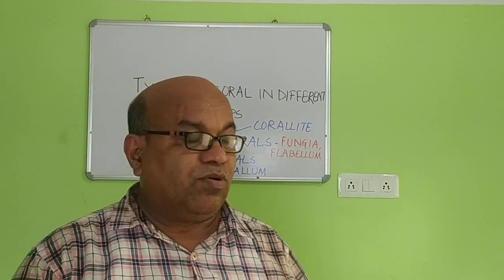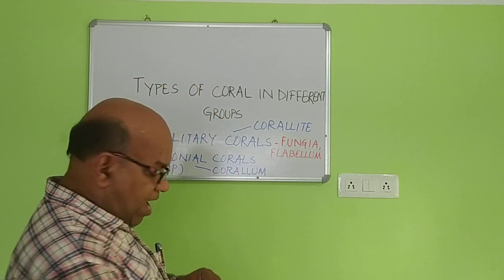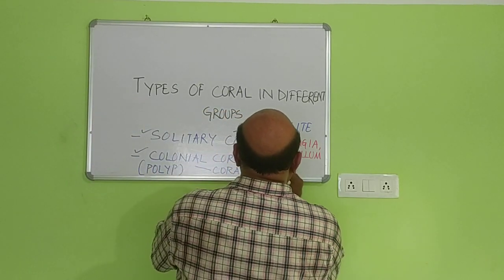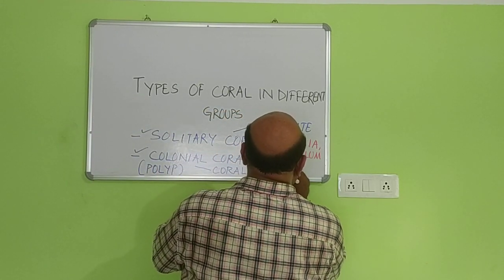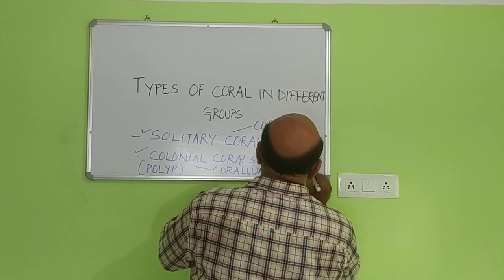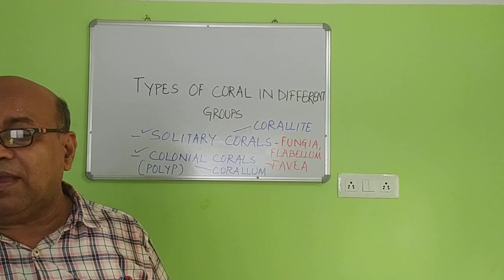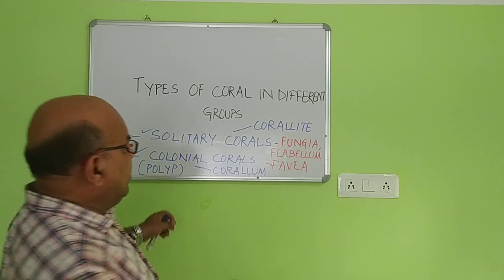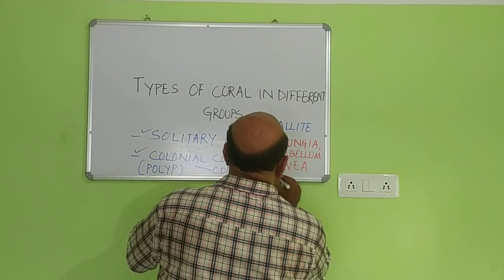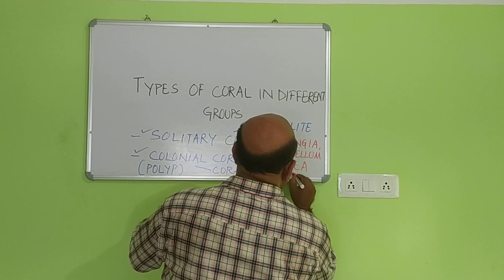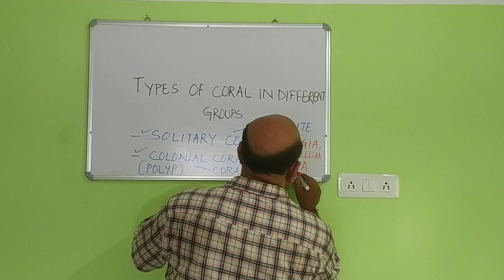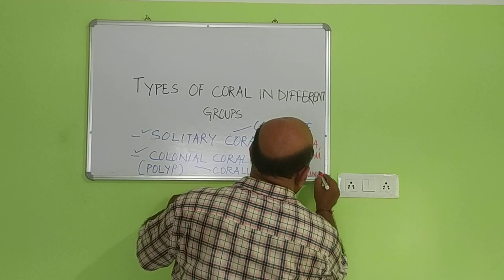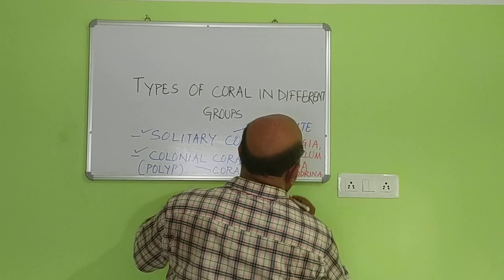The best example is Favia, and another one is called Meandrina.